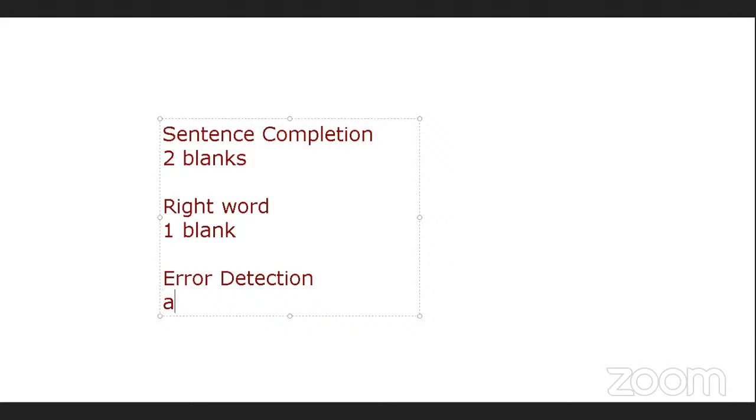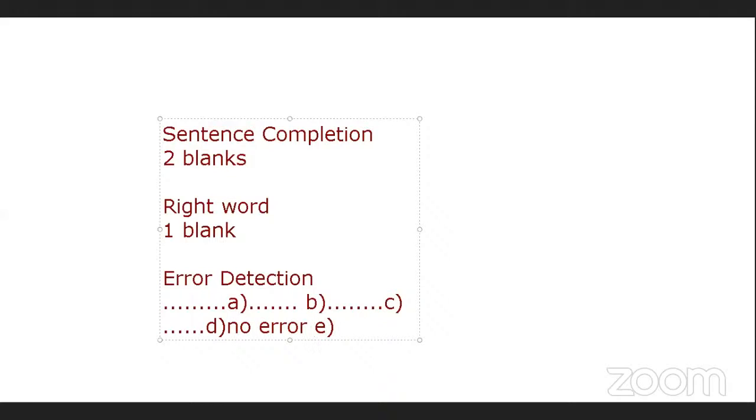The sentence begins like this, and they will characterize it as part A. Then the sentence will continue, and they will call it part B. Then again, the sentence will continue, called part C and part D. Sometimes they'll also put a part E which says no error.